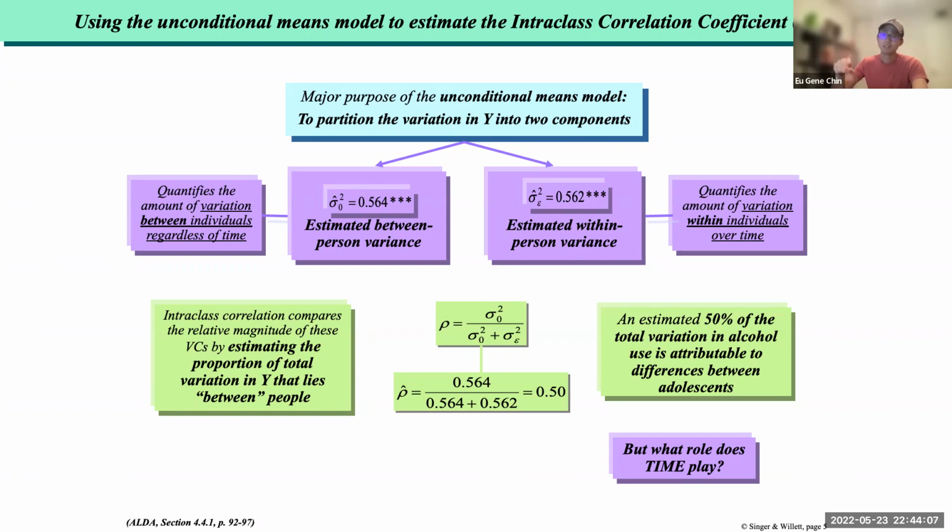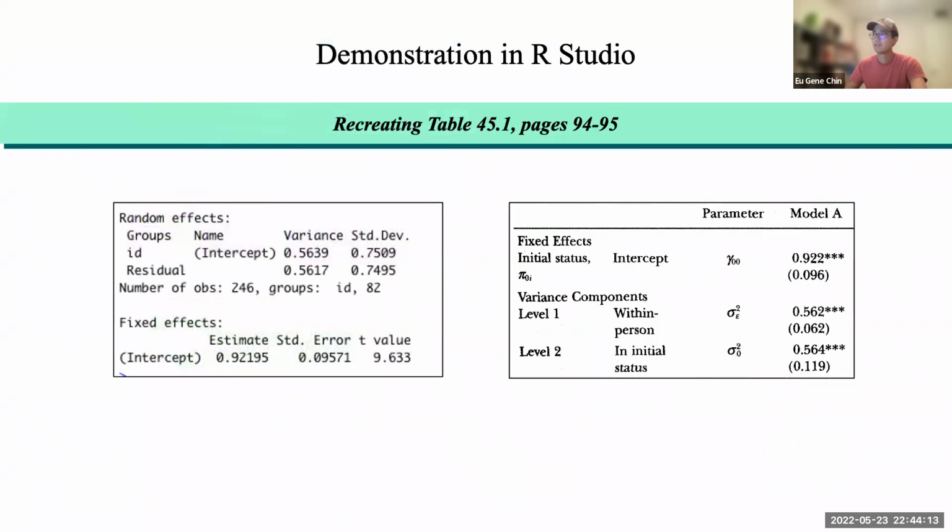But right now, I just want to very quickly demonstrate how to recreate the table that we just saw. Remember, we have gamma 0, which represents the grand mean of alcohol use across individuals and across people. That's the fixed effect.